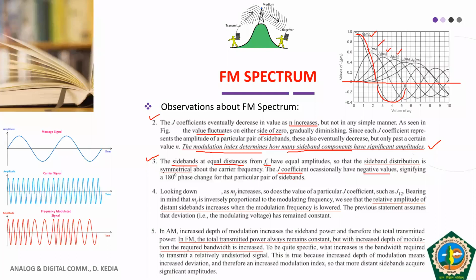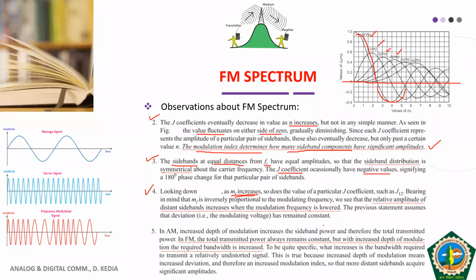Next, another important observation is that as the modulation index increases, in fact, this point is in some way related to the underlined point in your point number 2: if the modulation index value is high, then the number of significant sidebands is also large.